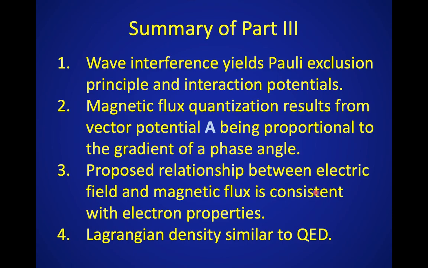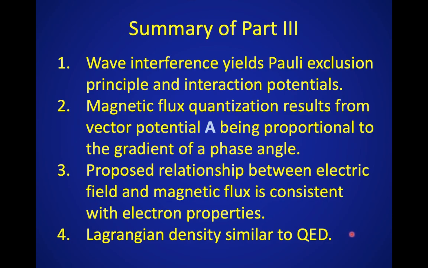Okay, so the summary of part 3 is that wave interference yields the Pauli exclusion principle and the interaction potentials. Magnetic flux quantization results from the magnetic vector potential being proportional to the gradient of a phase angle. The proposed relationship between the electric field and magnetic flux is consistent with the properties of an electron.